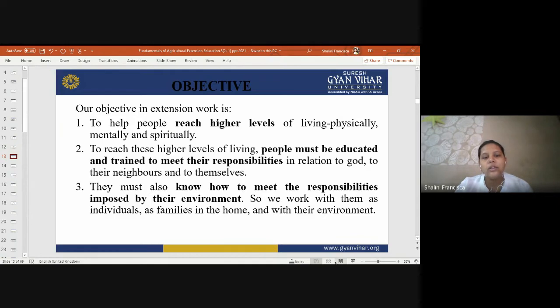Okay, so third point is they must also know how to meet the responsibility imposed by their environment. Wherever we live, we have to keep the area in such a condition that we are able to reside in it. So, like we have the Swachh Bharat Abhiyan.